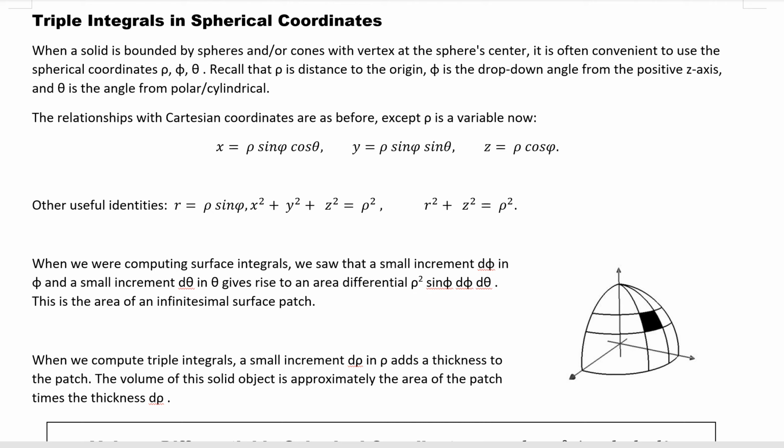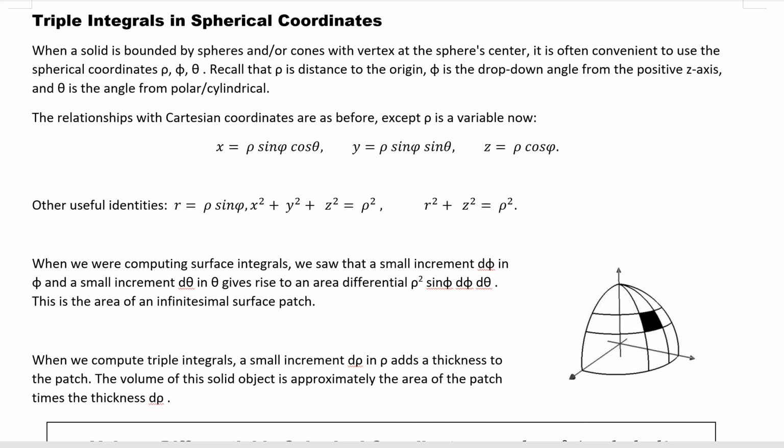Rho is the distance to the origin. Phi is the drop-down angle from the positive z-axis, and theta is the angle from the polar or cylindrical coordinates. The relations with the Cartesian coordinates are as before, except rho is a variable now.